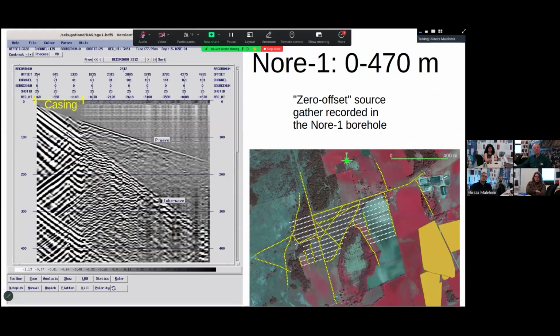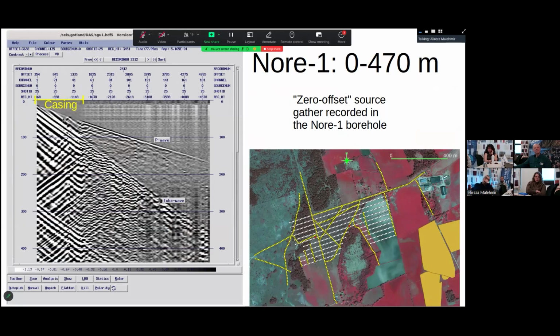So here's from Juhlin. That's this borehole over here, and this is a near offset example of a DAS recording. We got down to about 470 meters. We have a marked change in the character at about 170 meters. And that, I believe, is due to the borehole being cased down to 170 meters.